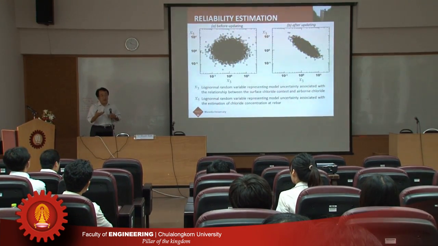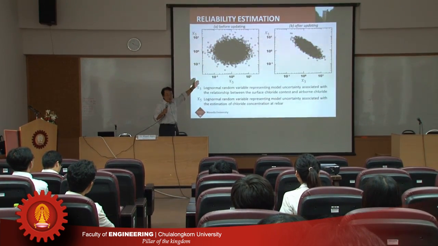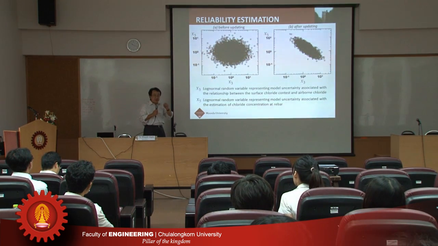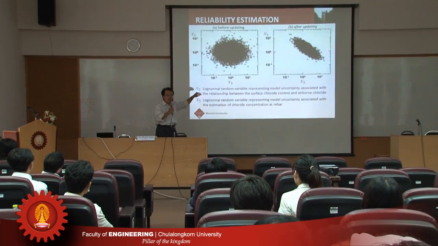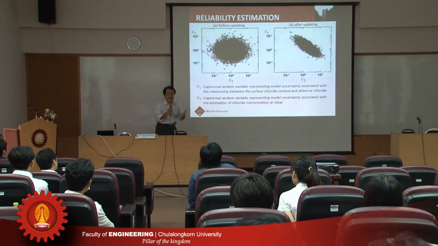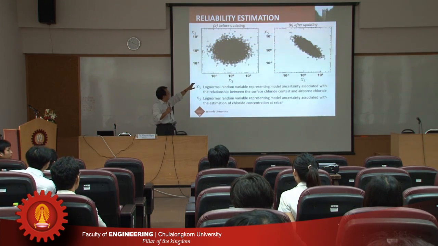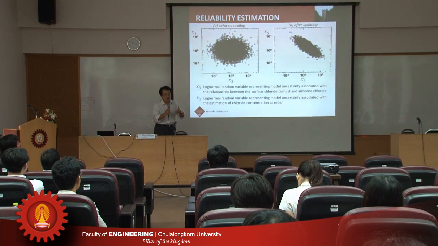In sequential Monte Carlo simulation, these are samples used in general Monte Carlo simulations. In sequential Monte Carlo simulation, we update each sample based on Bayesian updating. Do you know Bayesian theory? Sequential Monte Carlo simulation uses a Bayesian approach.